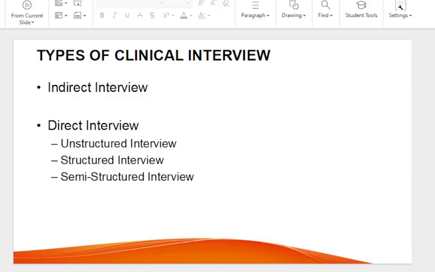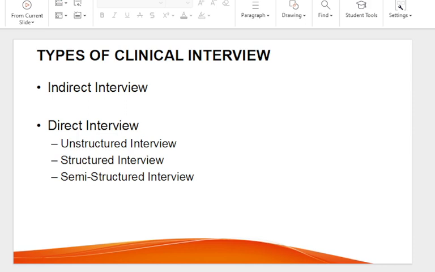and help us direct the conversation more effectively. Now, I added the semi-structured interview because it was not really in our notes, but it's also part of it in most other literature. The semi-structured interview starts with a prepared set of questions, but then diverts into indirect interview.